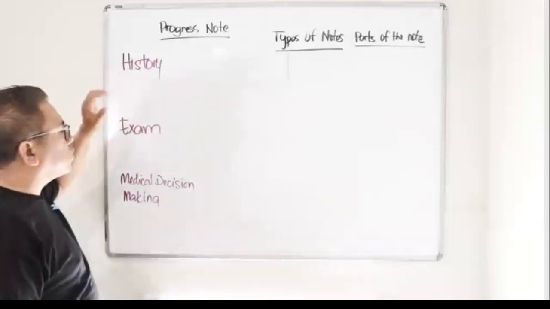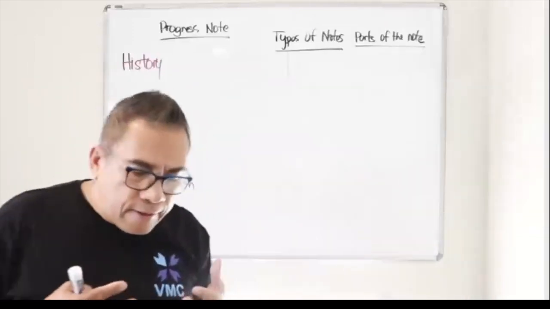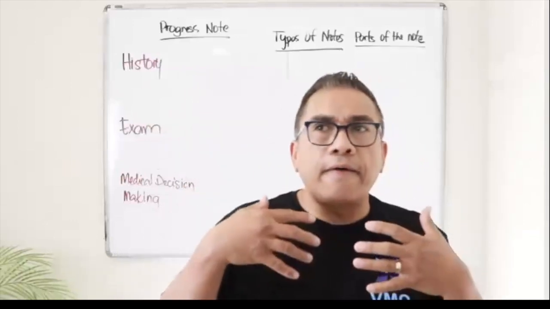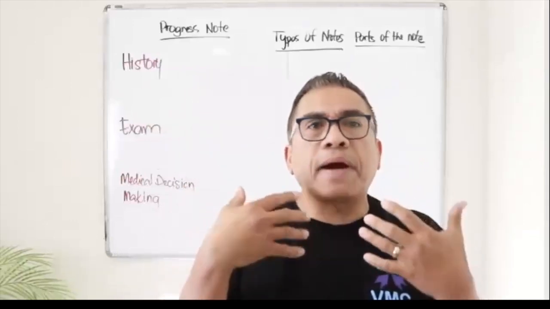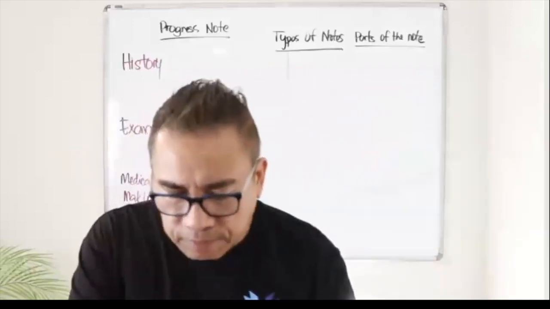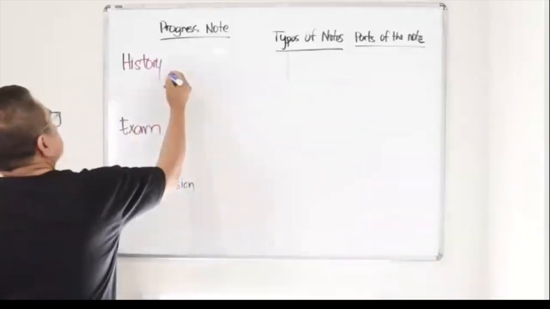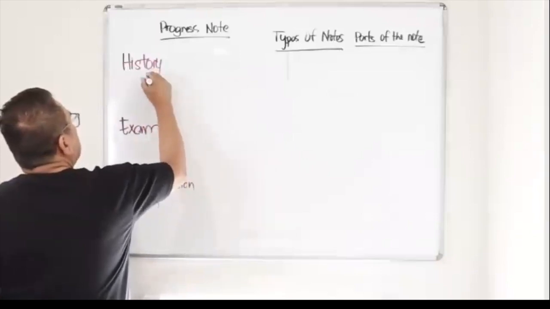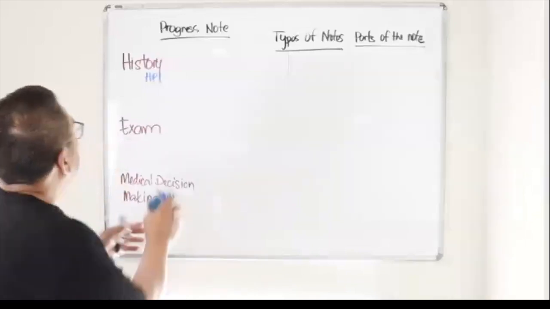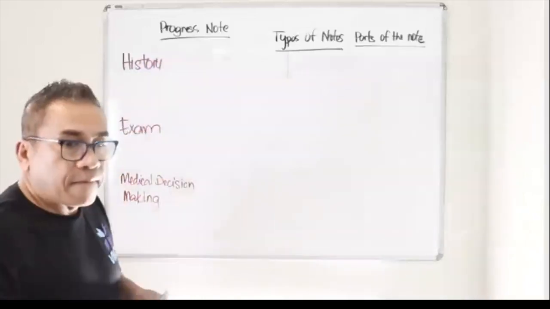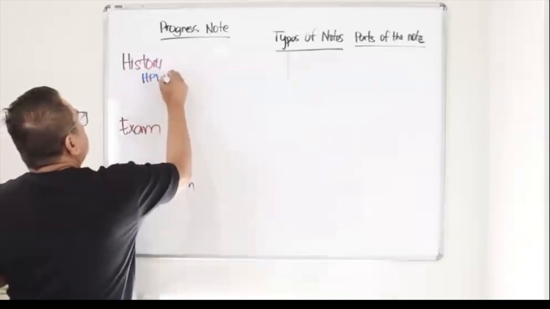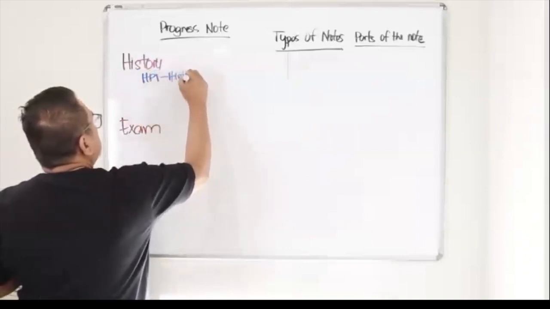Okay, so for history, guys, we're talking about the clinical information about, part of this is the history of present illness, meaning, okay, let me write it down. HPI, or history of present illness.